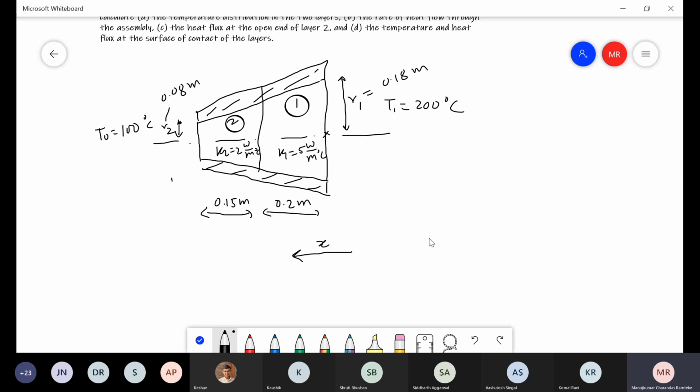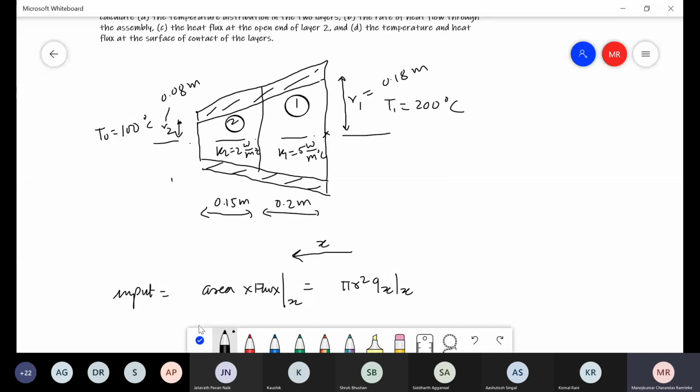So shell balance in this case, let me just write. Input is going to be area into flux at x. So area in this case is pi r square into flux is going to be Qx at x.